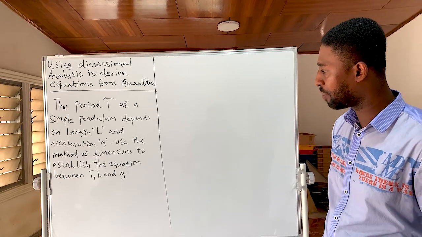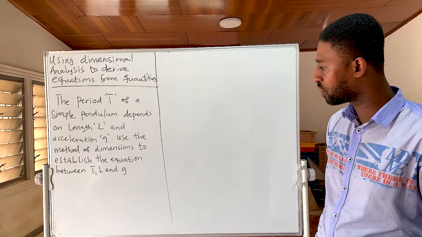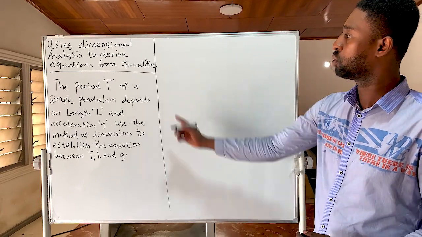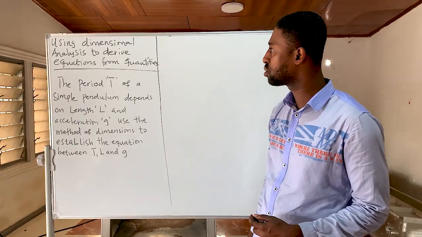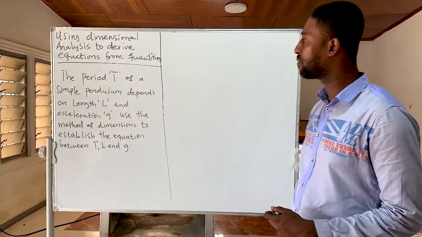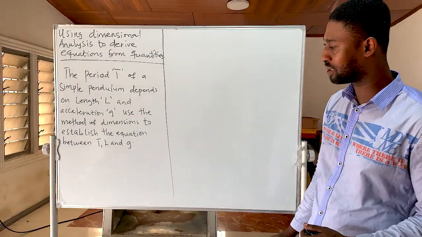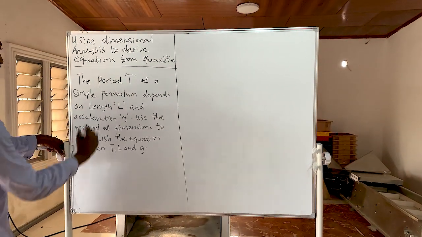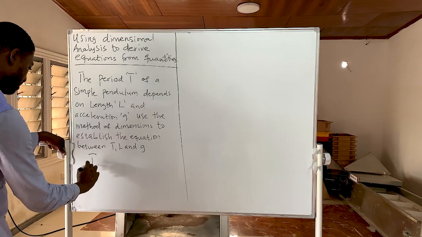Use the method of dimensions to establish the equation between T, L, and g. That is the last use of dimensional analysis, which we said is used to derive equations from quantities.